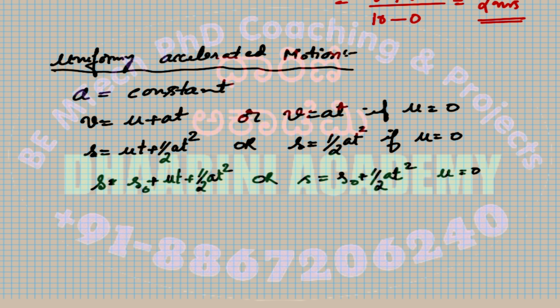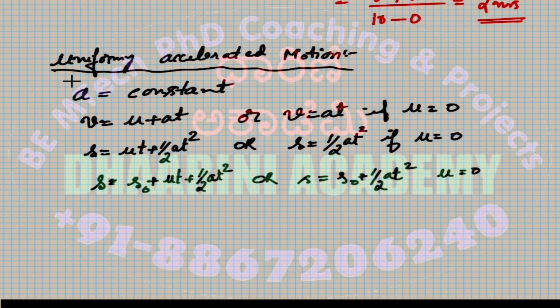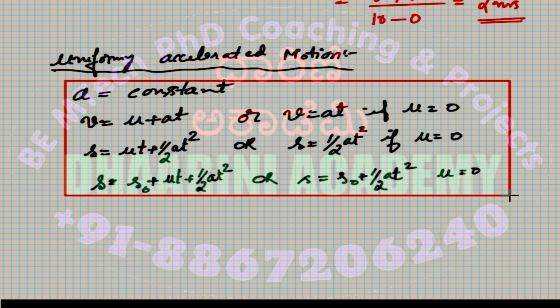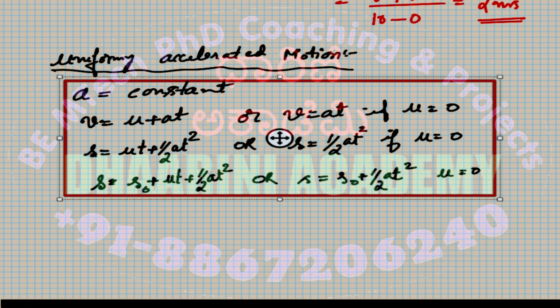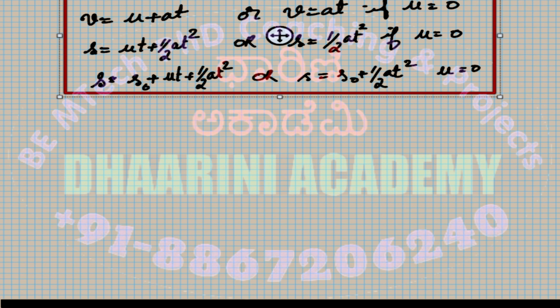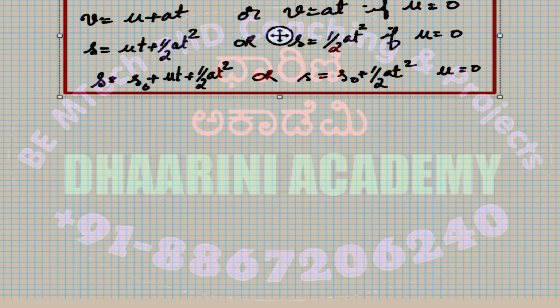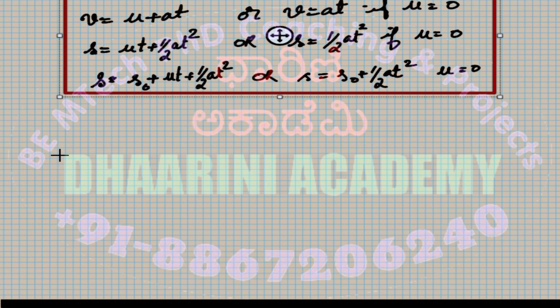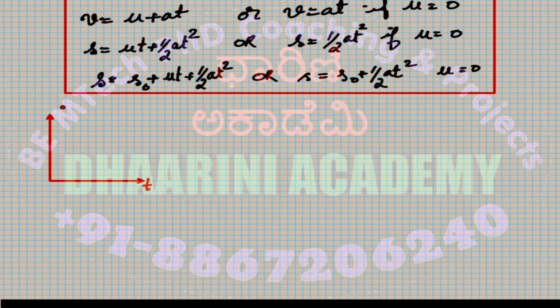Okay, now I have to see how these graphs are going to look whenever I try to plot. But before that, let me make an important note that these are the equations to be considered for uniformly accelerated motion. So, a becomes a constant. Whenever a is a constant, let me write the required graph. This is the time versus acceleration.